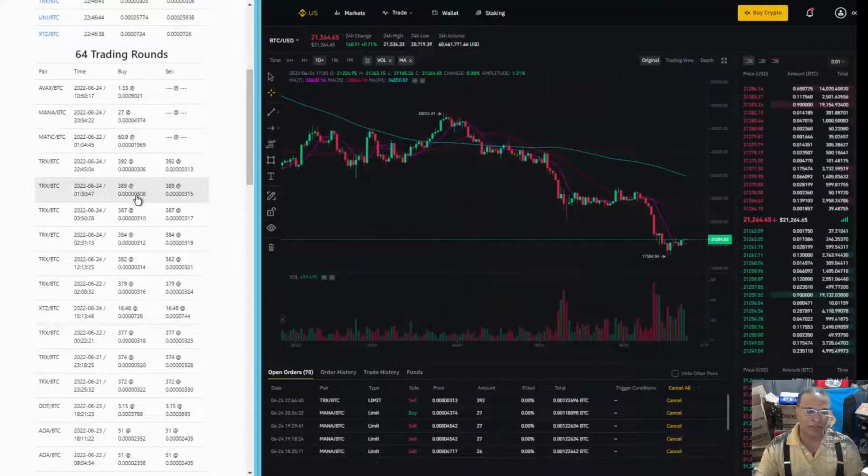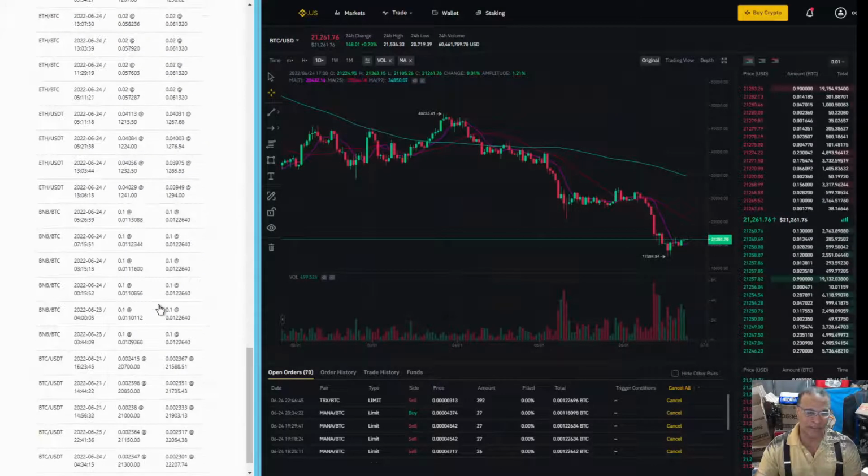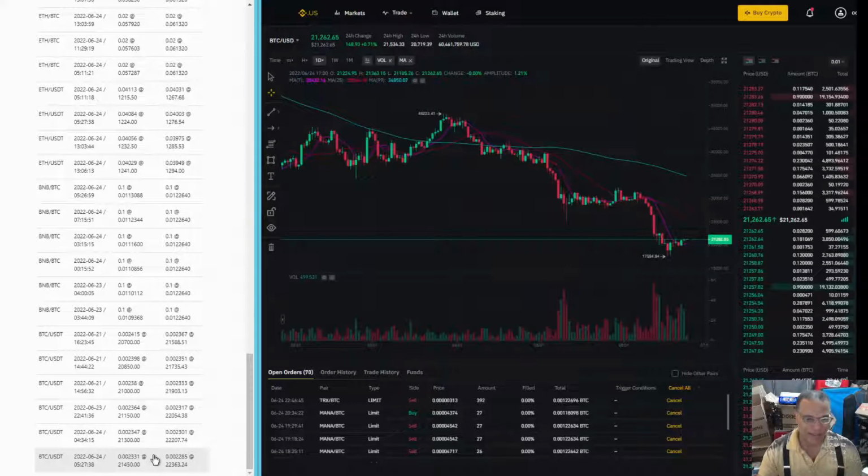With Tron I'm buying at 308 and selling at 315, so there's only a 7 point journey it has to travel to complete that round. Whereas with Bitcoin, going all the way to the bottom here, 21,450 is the entry price and 22,363.24 is the exit price.